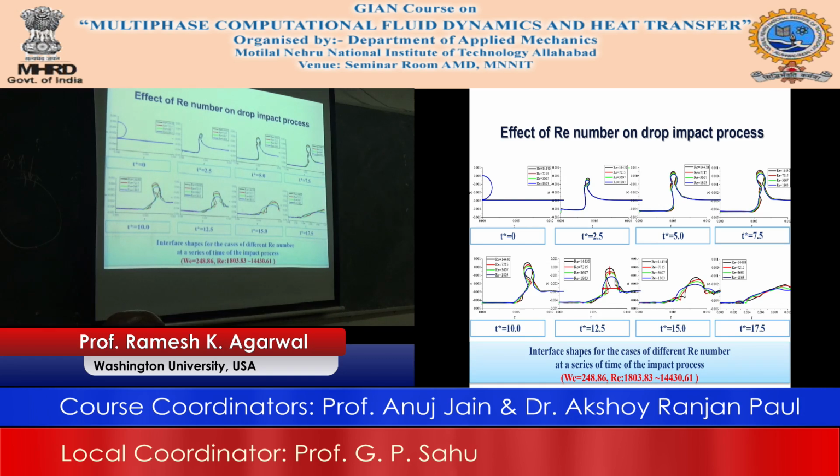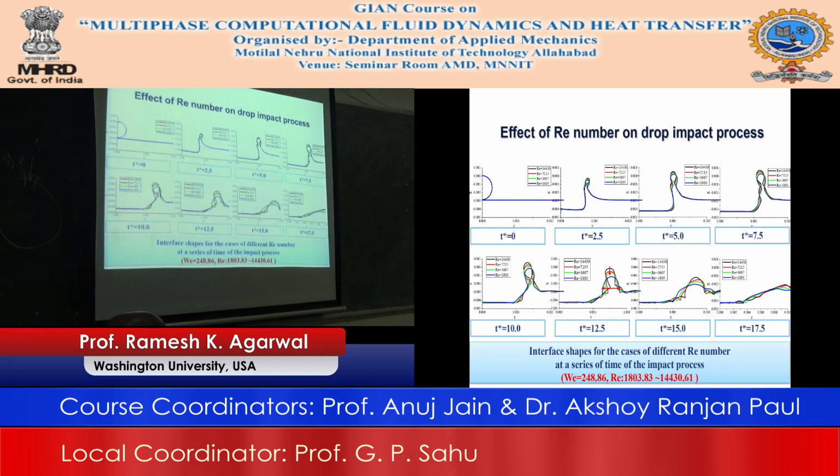The Reynolds number is the inertia forces divided by the viscous forces. So you change that ratio, let us say, keep the inertia forces same and change the viscous forces, by changing the viscosity whatever way, and change by a factor of 10, it doesn't seem to matter that much.